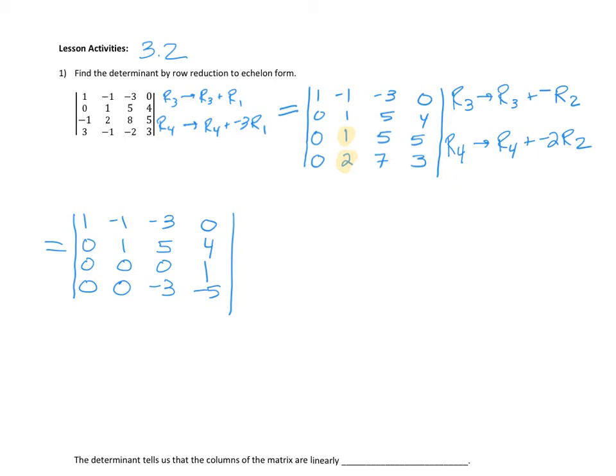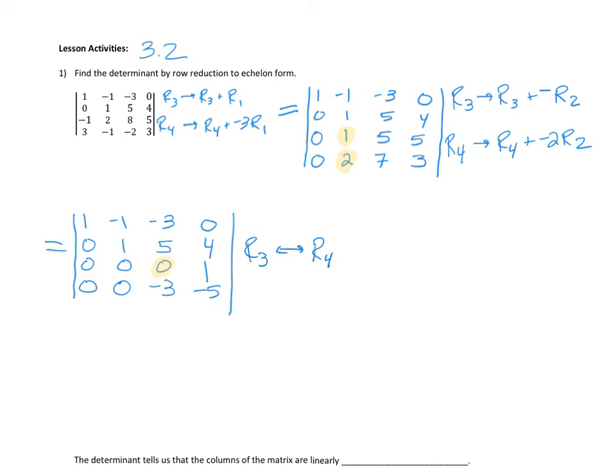Now I'm going to swap two rows because I would like to have a pivot right here. To have a pivot there, I'm going to swap row 3 and row 4.